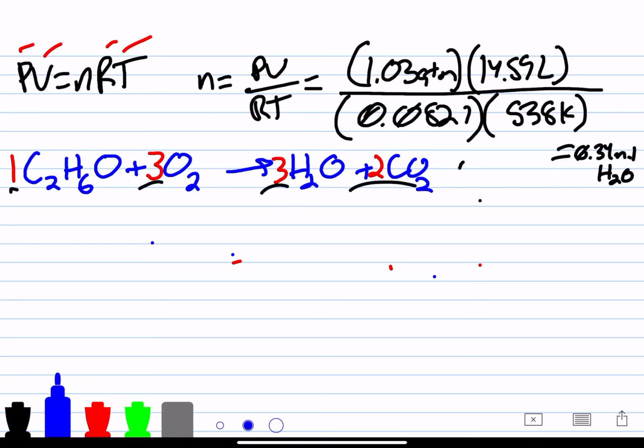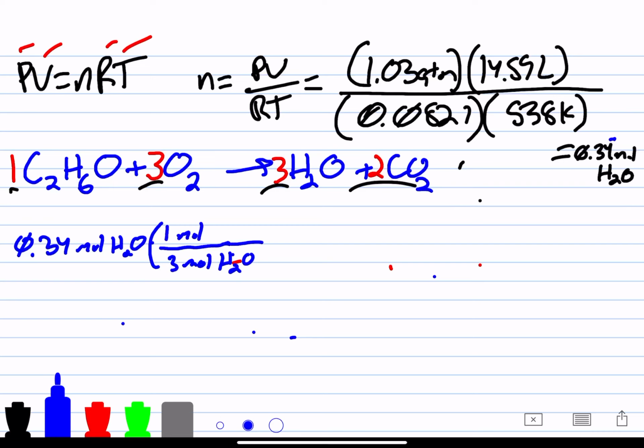So going back to this 0.34 moles of H2O, we have 3 moles of H2O is equivalent to 1 mole of ethanol.